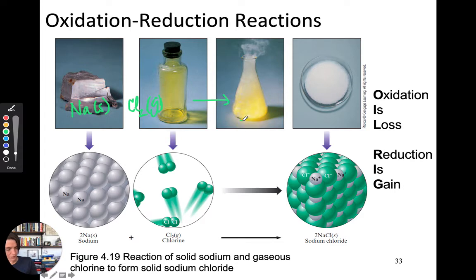So this is what that reaction vessel looks like. And it's going to form our salt, right? And we know that the salt is an ionic compound and that it exists because we had a transfer of electrons from our sodium to our chlorine. So sodium lost electrons in this. Oxidation is loss, so we know that sodium was oxidized. And this is reduced.